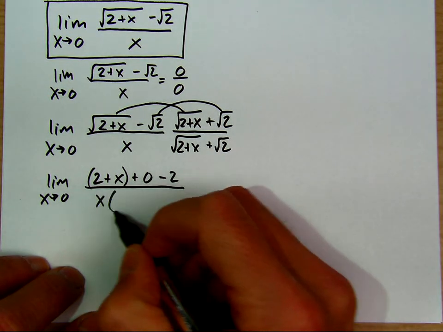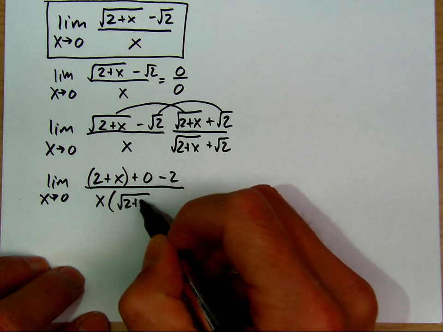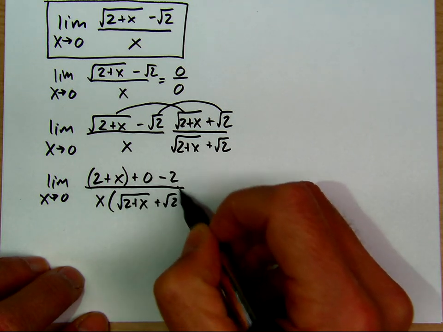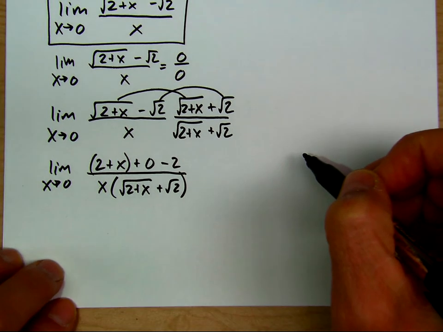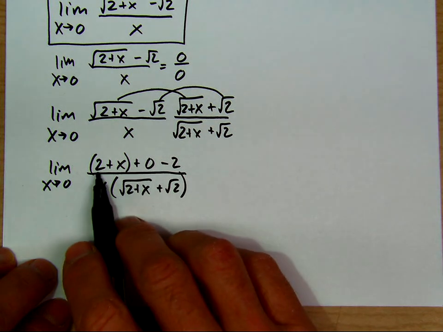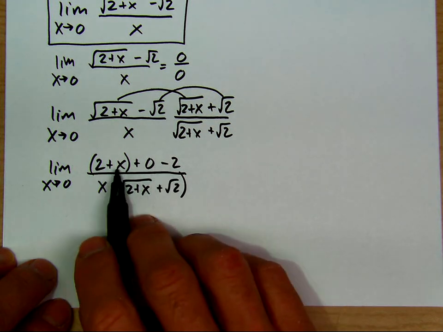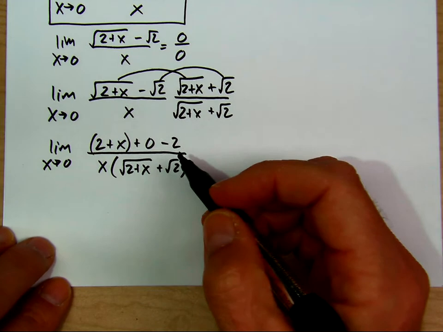Let's not distribute in the denominator, and we'll leave it like that, because what's happening is now we have 2 minus 2 is 0, and x is left in the numerator.